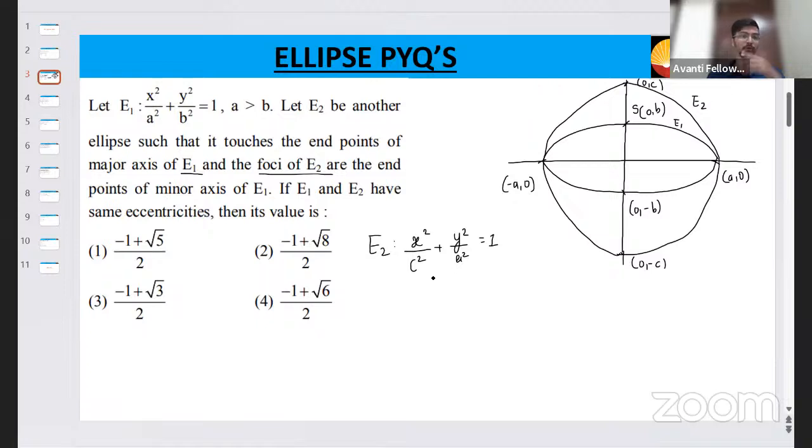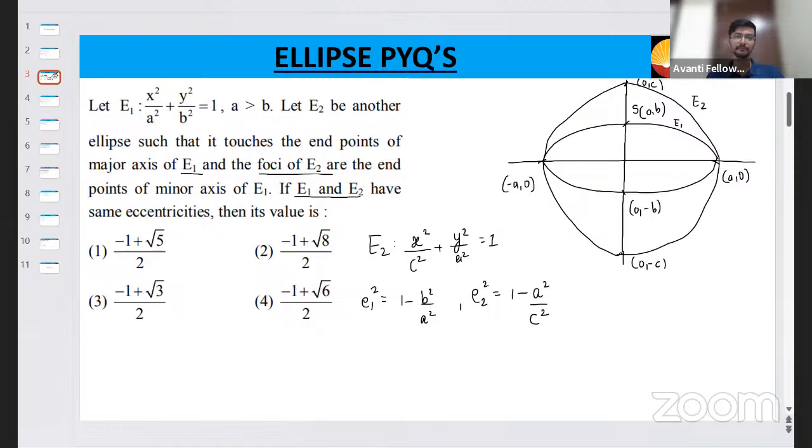So let's see what we have to find. E1 and E2 have the same eccentricity. Okay. So the eccentricity of E1 will be the square root of 1 minus b square upon a square. Am I correct? And the eccentricity of E2 will be the square root of 1 minus minor axis square upon major axis square. So here, the minor axis is a, so it will be 1 minus a square upon c square.